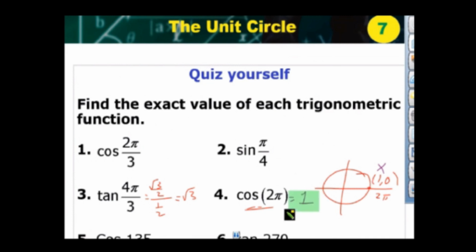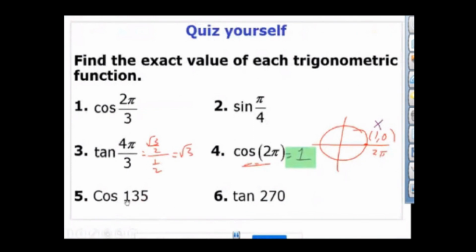Okay. And what else do I have to do here? We need to find cosine of 135, which is 45 reference. So you're here, and 45 always has a square root of 2 over 2. And because it's the second quadrant, it has to be negative.